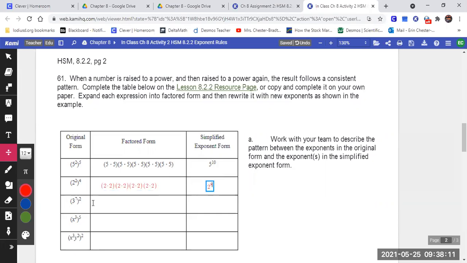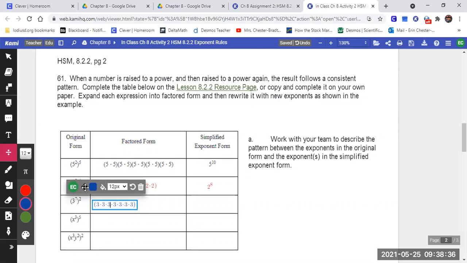Okay, next one. This says 3 to the 7th power, so I need to make a set of that. That's going to be 3 times 3 times 3, 7 3's in a row, right? 6, 7. And then the outside exponent tells me how many sets of that.